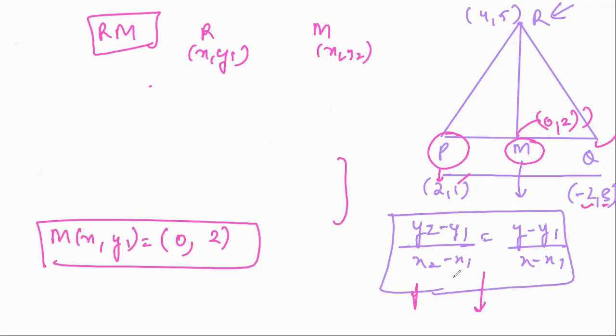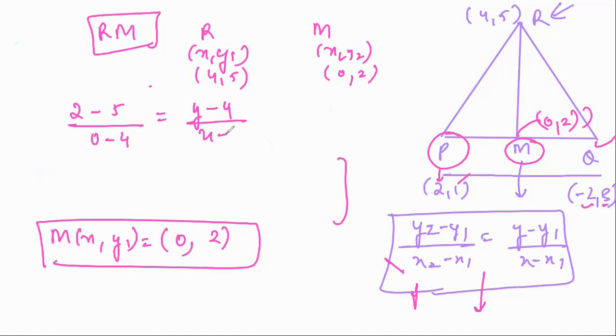R is (4, 5) and M is (0, 2). So we apply it here: (2 minus 5) over (0 minus 4) equals (y minus 5) over (x minus 4).